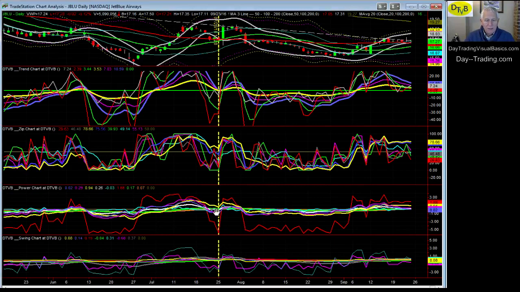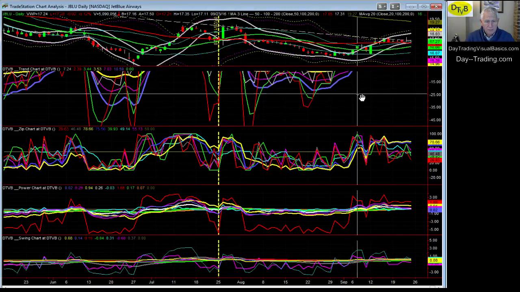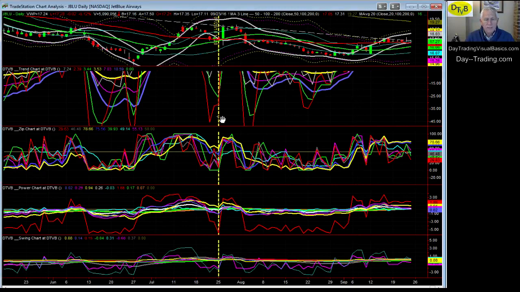Now, one of the reasons I picked this one, not only because it had a big green candle, but it's up here in the trend chart, and I'm going to expand this a little bit, and you can see that I call it a reversal bottlenose.